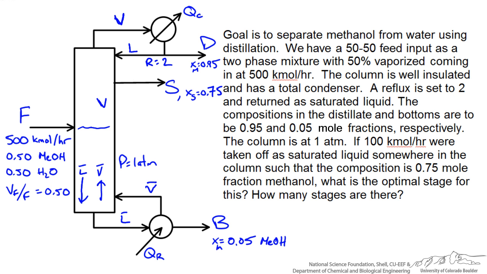And since our side stream is only taking off liquid, we will not be changing the flow rate of the vapor, given that we make the appropriate assumptions. However, this L that comes in does change, and so we'll label that L prime. And then L prime will change to L bar since we have a feed that's contributing to that flow rate.